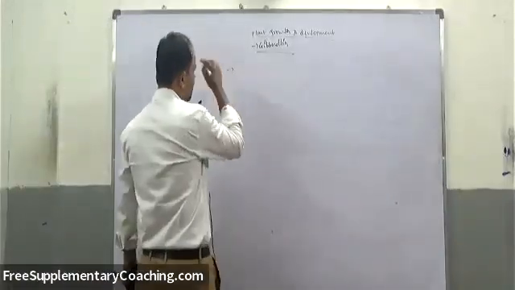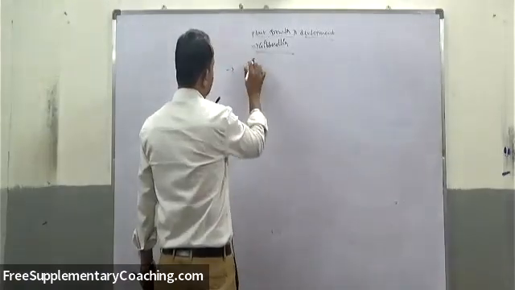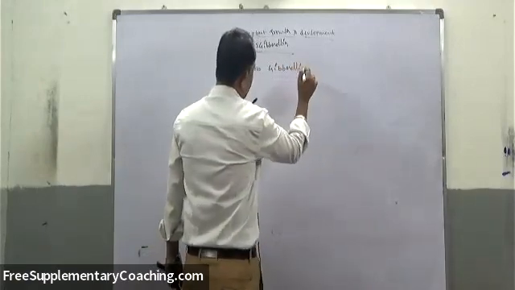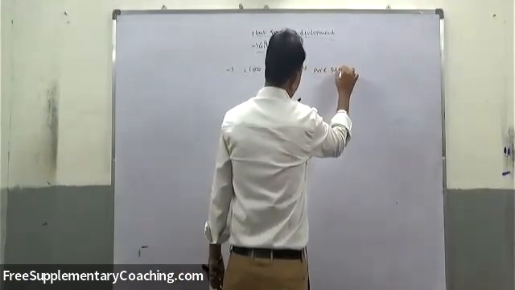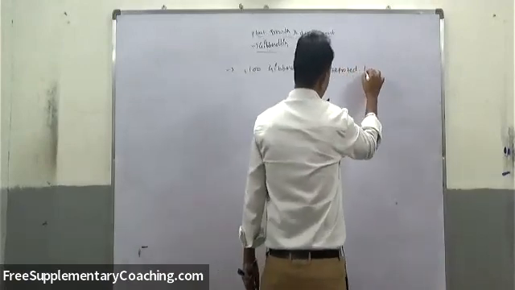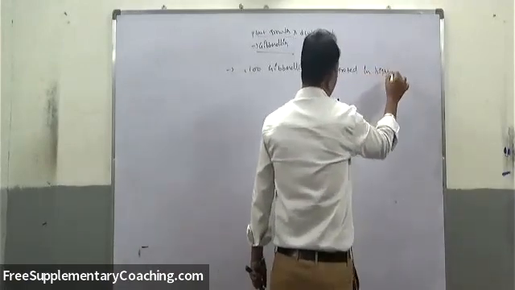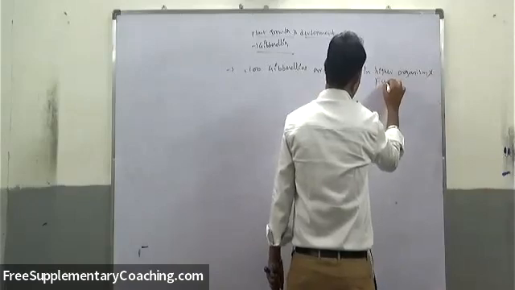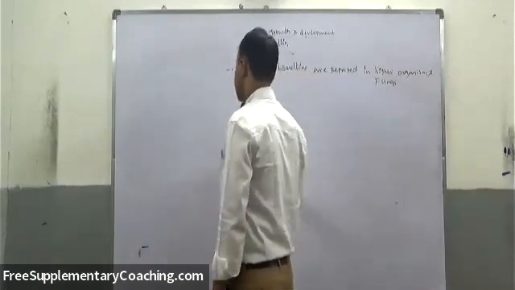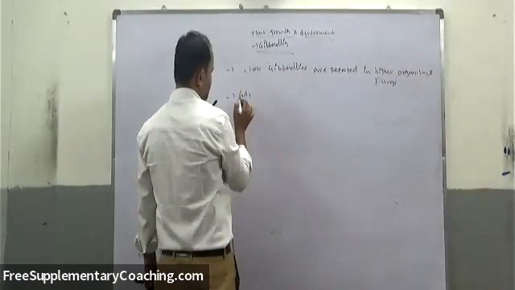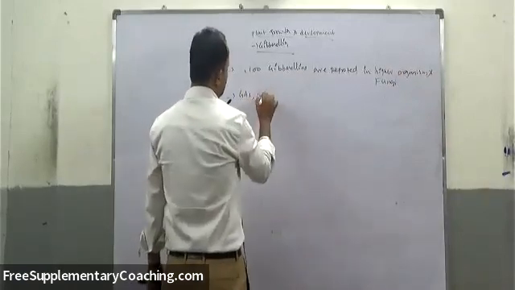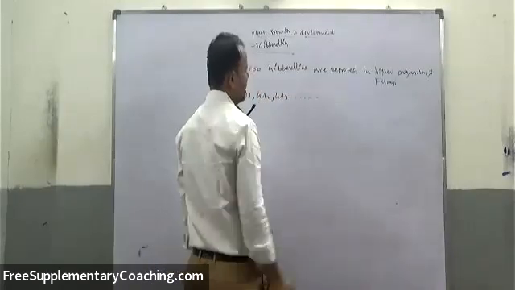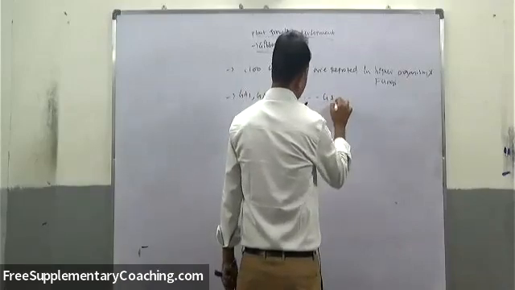Hundreds of gibberellins are reported in higher organisms and fungus. And what are the names? GA1 means gibberellic acid 1, GA2 gibberellic acid 2, GA3 gibberellic acid 3, and then GA100 gibberellic acid 100.